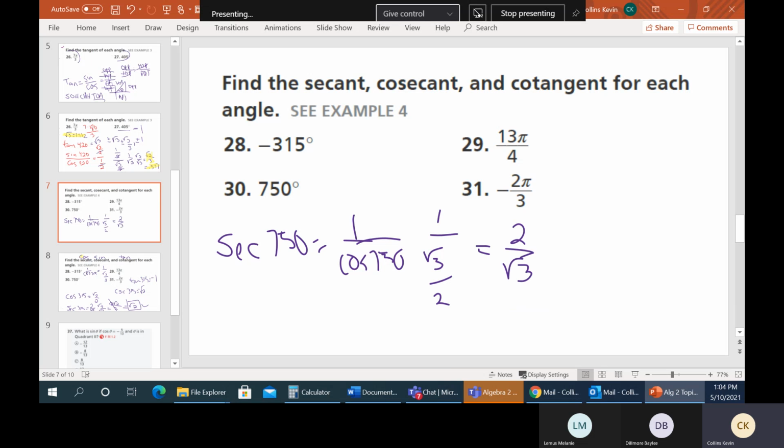Then we have to multiply top and bottom by the square root of 3 over the square root of 3. The top will be 2 square root of 3. The bottom, square root of 3 times the square root of 3 is just regular 3. So that's your answer: 2 square root of 3 over 3. So that's secant.